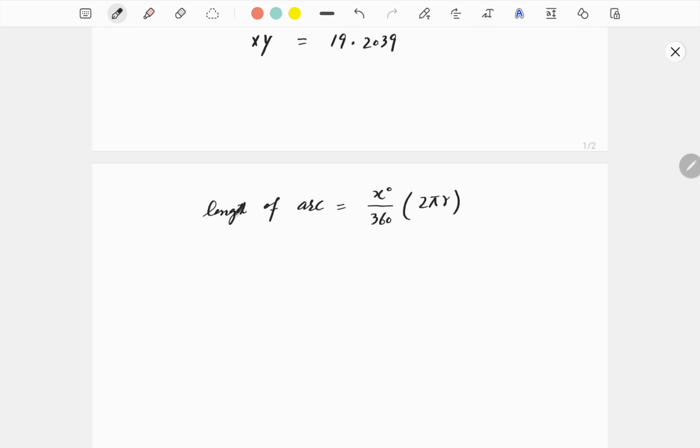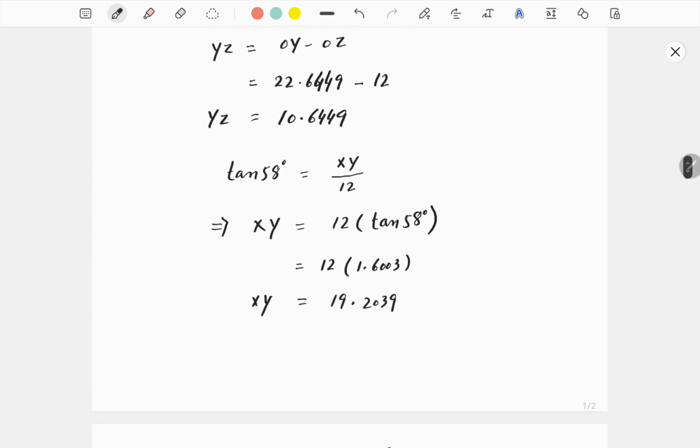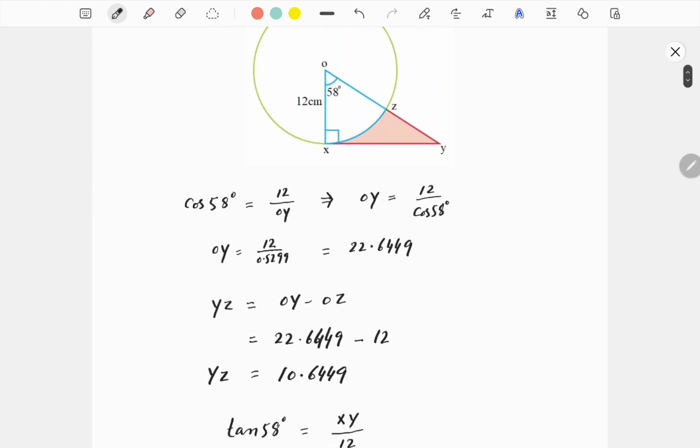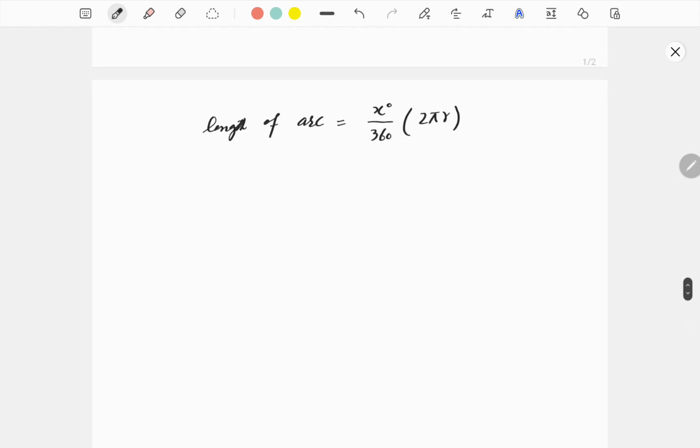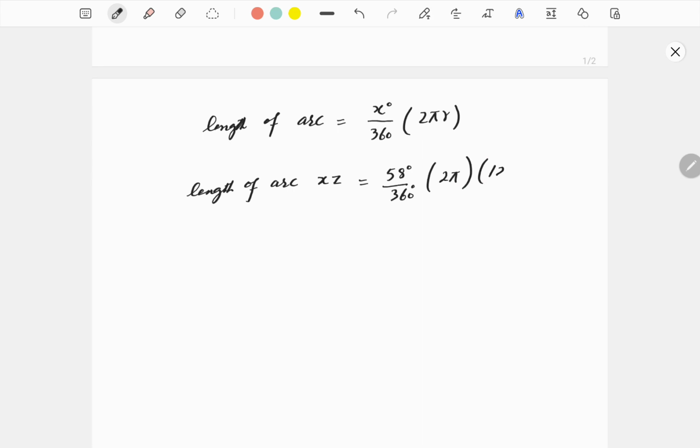So the length of arc XZ will be equal to 58 degrees divided by 360 degrees times 2 pi, and the radius is 12.